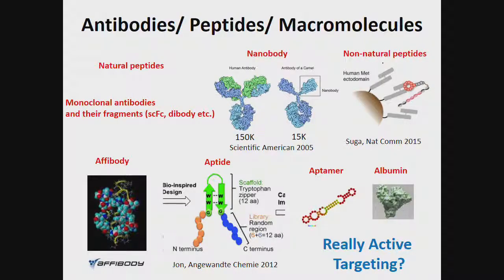Or antibodies, which are well known for their affinity and even avidity. But with antibodies or recently developed peptides and macromolecules, we are not sure they are really active targeting agents or not. So there has been a dispute.